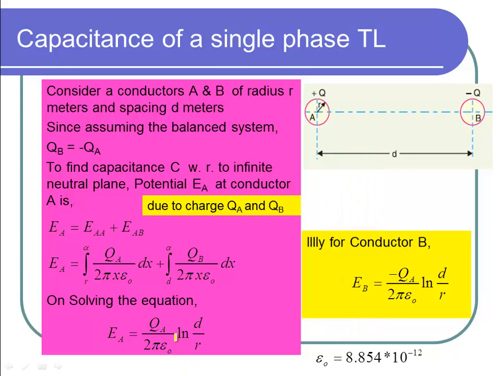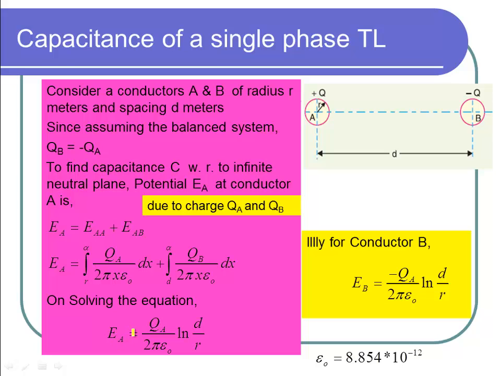Further, we can reduce the equation by substituting the value of epsilon naught, which equals 8.854 into 10 to the power minus 12. Otherwise, we can simply keep it in terms of epsilon naught itself. This is for conductor A with the infinite neutral plane.